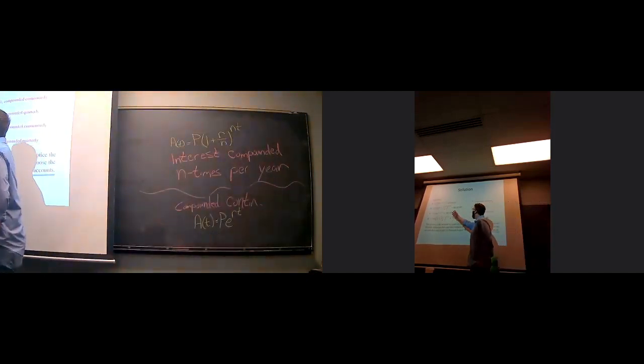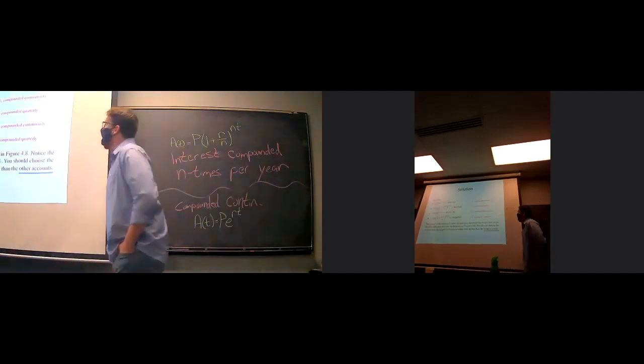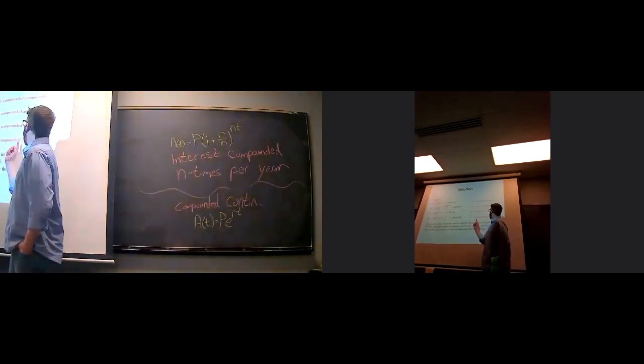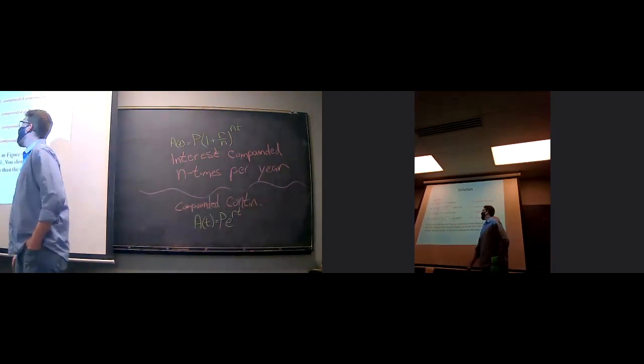Quarterly, you have 68. 11% compounded continuously is 187. And then 11% compounded quarterly is 180.